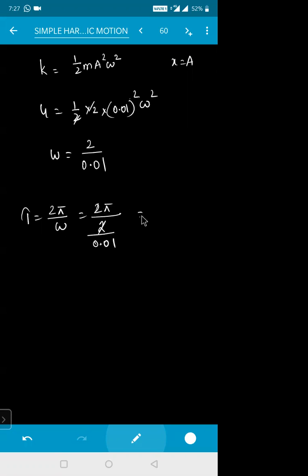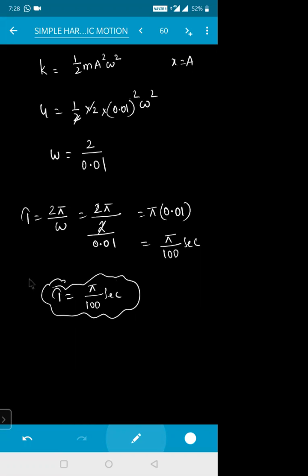So this will become pi into 0.01, which means pi by 100 seconds. So this is your answer. Clear?